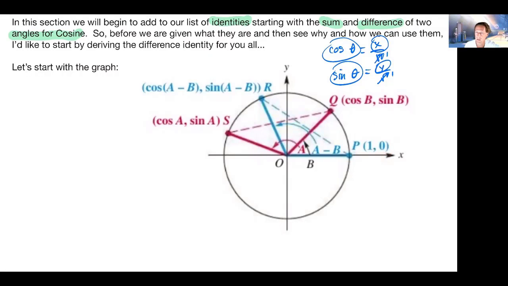What if we said some other x and some other y? Like, let's go to this point Q here.